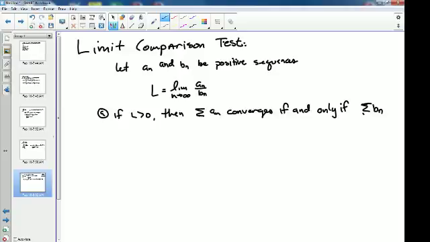All right. So L is greater than 0. Series of A sub n converges if and only if B sub n does what? Converges or diverges?